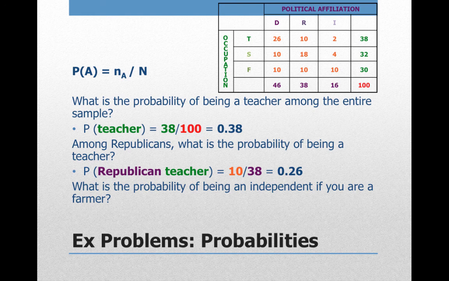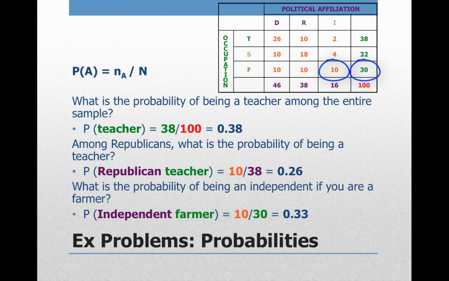And the last question, what is the probability of being an independent if you are a farmer? So if you are a farmer, how many are there? There are 30 farmers, and we see that 10 of those 30 farmers are independents. So the probability of being an independent if you are a farmer is 10 out of 30, which is 0.33.